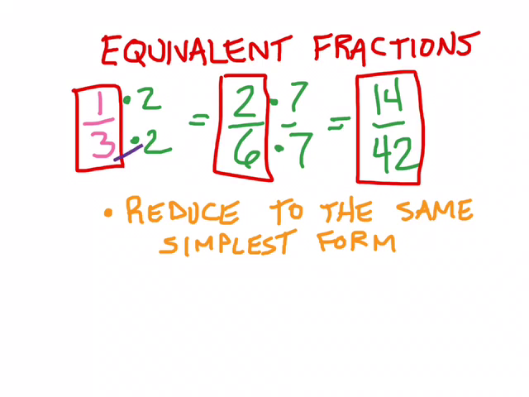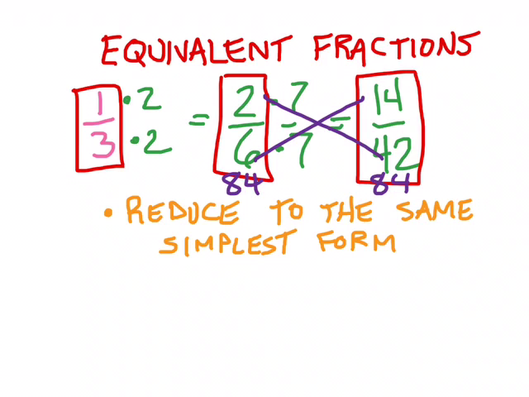If I cross-multiply 1/3 and 2/6, which we know are equivalent fractions, 1 times 6 is 6, and 2 times 3 is 6. So I got the same value for both sides. Same thing, if I cross-multiply 2/6 and 14/42, 2 times 42 is 84, and 14 times 6 is also 84.